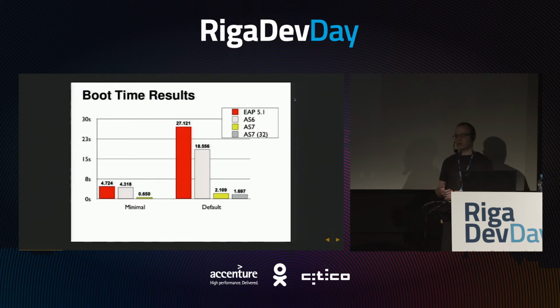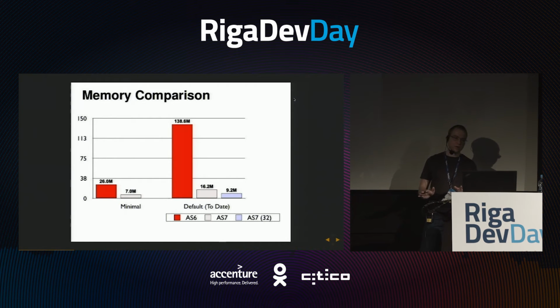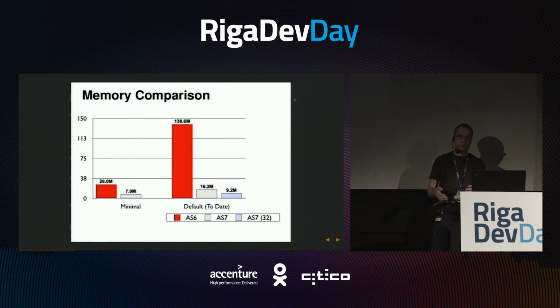Memory has been dramatically reduced. I wanted to show this just to let you know that hopefully the name was chosen appropriately. After the refactor we are really very fast and lightweight.